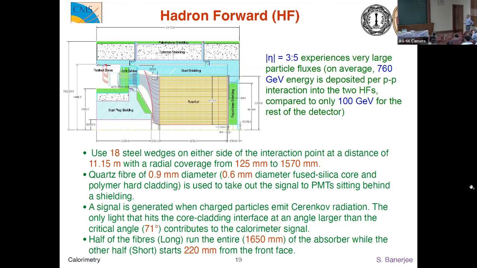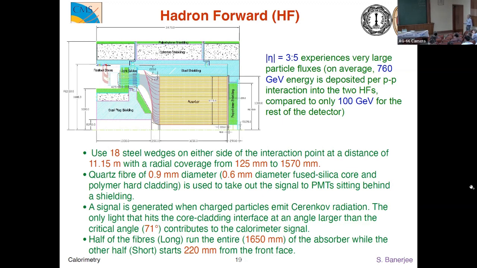There are 18 steel wedges along the phi direction on either side of the interaction point, covering a radial range of 125 millimeters to 1570 millimeters, and the quartz fibers are put in.